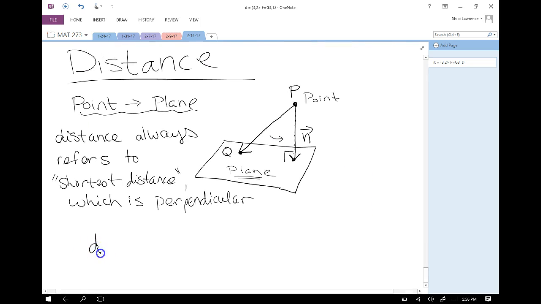So that distance is the projection of PQ onto N. Just the length. And there was a different name for just the length of the projection. We called it something else. It had an S in it. The scalar. The scalar projection.